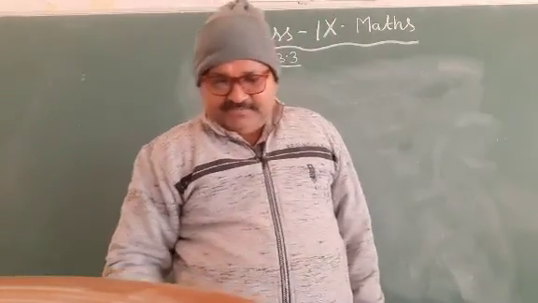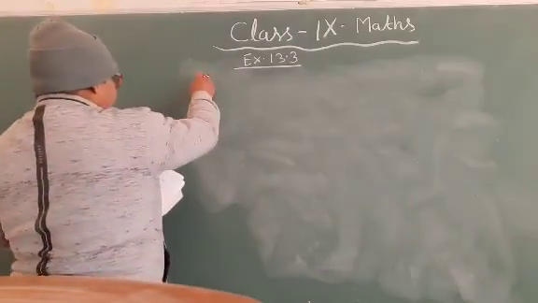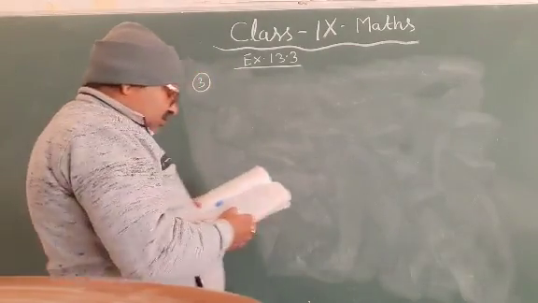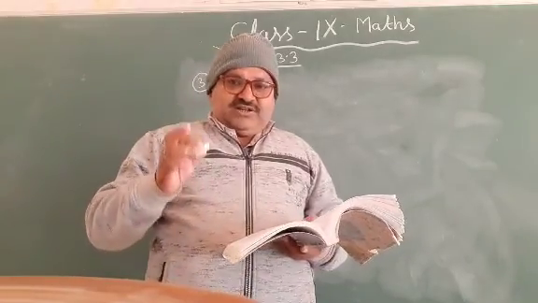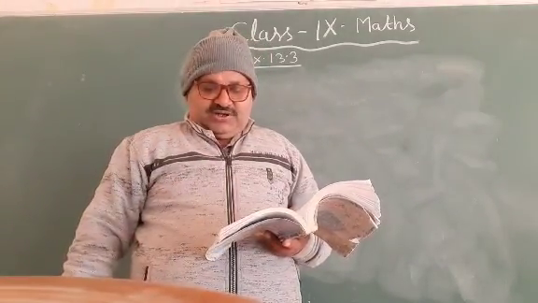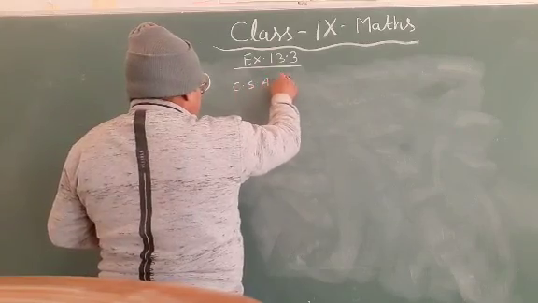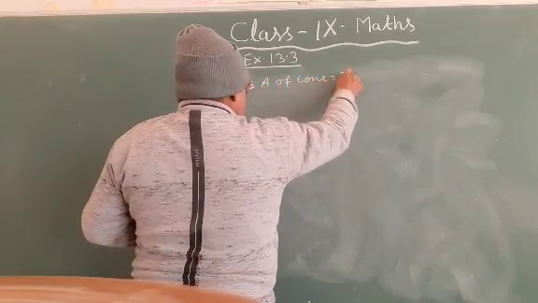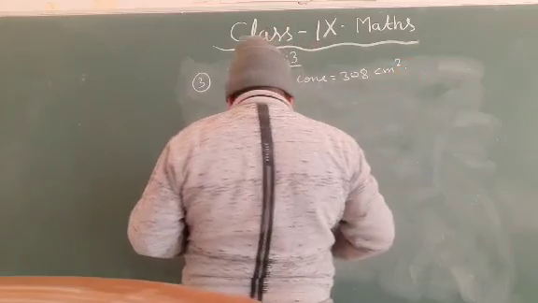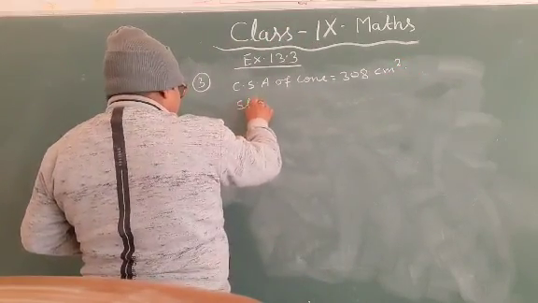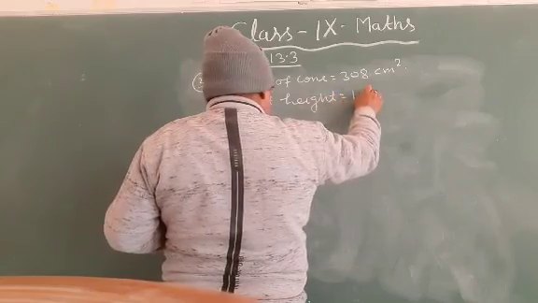Now the question number third. Curved surface area of cone is 308 centimeter square and its slant height is 14 centimeter.